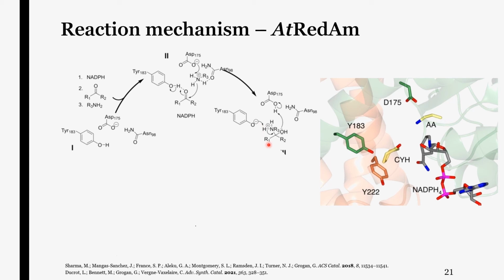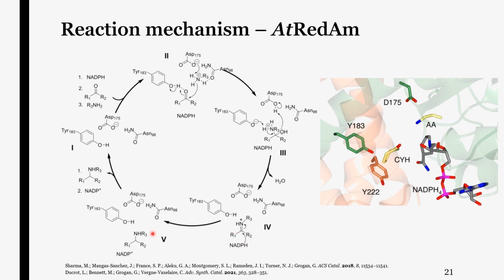And afterwards, water is eliminated, and then the NADPH can deliver its hydride to do the reductive amination, which leads to its oxidized cofactor and our desired amine product.